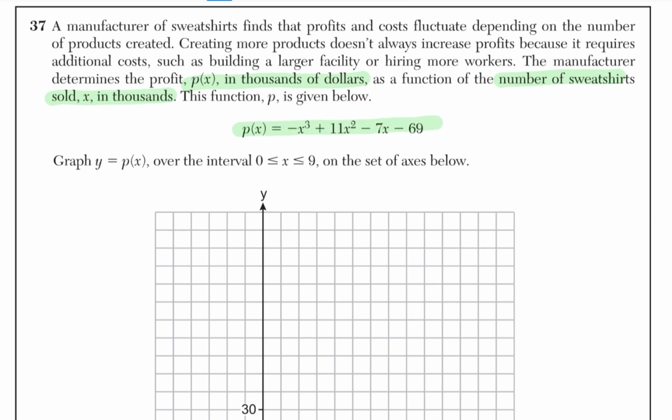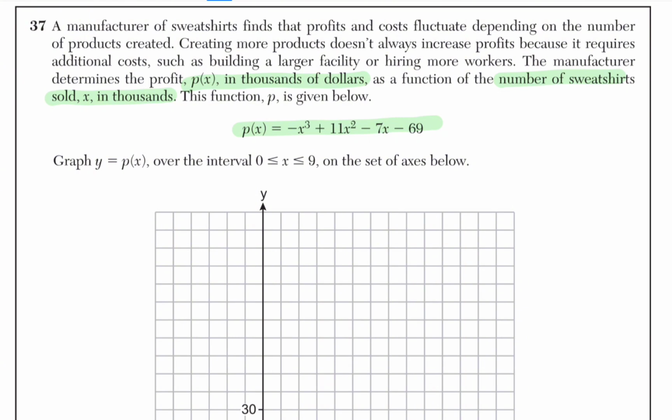P(x) equals negative x cubed plus 11x squared minus 7x minus 69. Graph y equals P(x) over the interval 0 is less than or equal to x, which is less than or equal to 9.